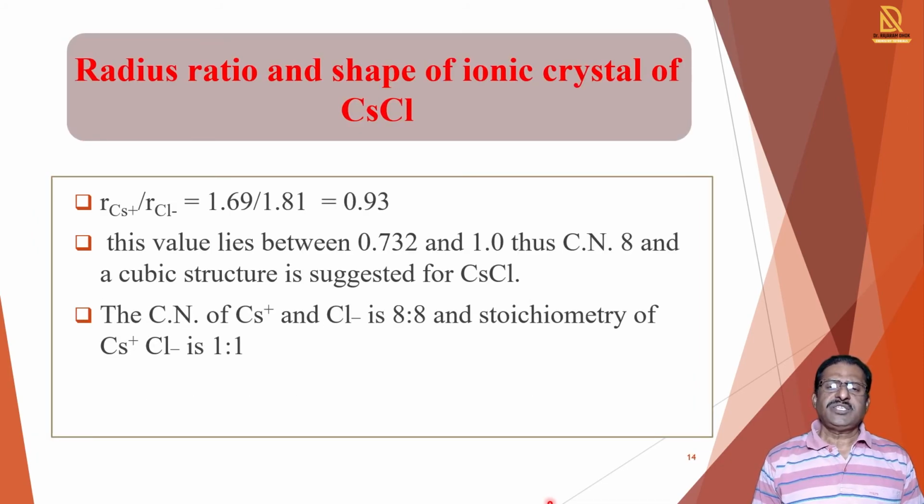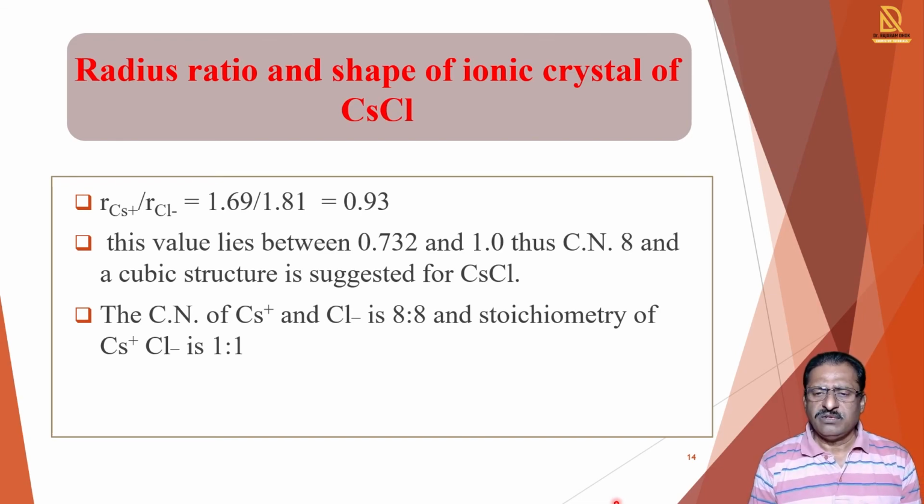Then we take the second example, that is CsCl. We see the radius ratio and shape of the ionic solid in CsCl. In the case of CsCl, by calculation, we get the radius ratio 0.93. This 0.93 is between 0.73 and 1. For 0.73 to 1, the coordination number should be 8 and it shows a cubic structure.